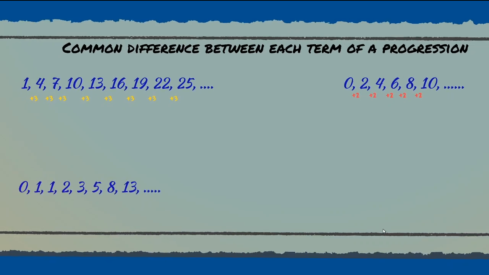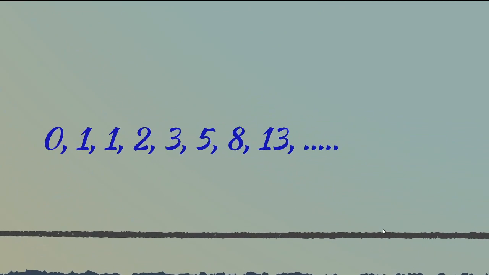Now this is the first progression that we came across, the Fibonacci series or sequence. In the Fibonacci sequence, is this an arithmetic progression? Let us check. 0 plus 1 is 1. Okay, 1 plus 0. There itself it is gone.